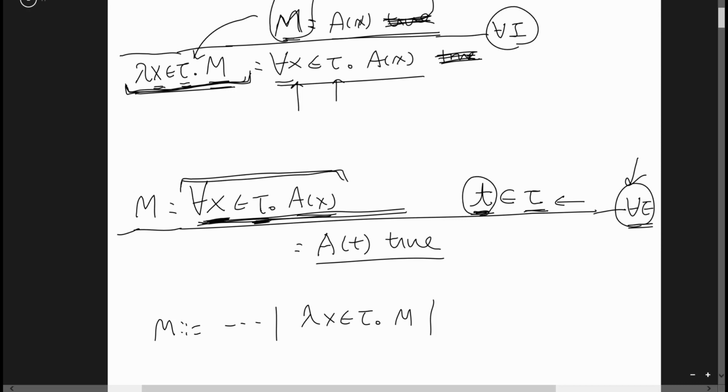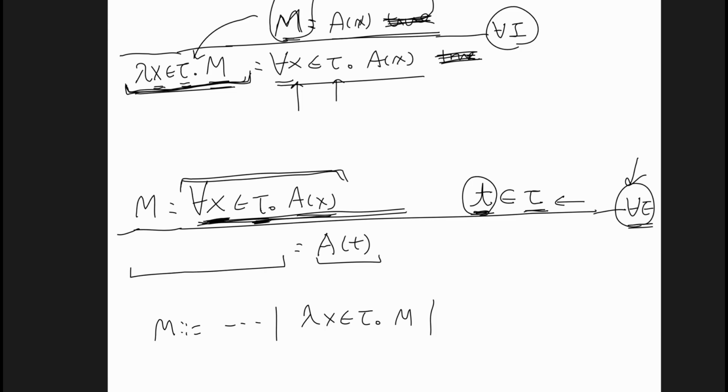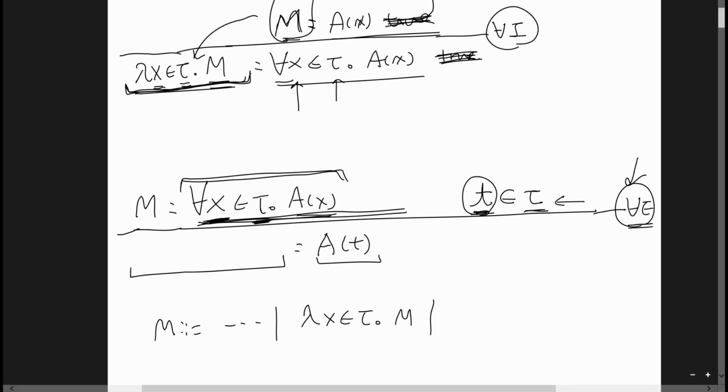And the question is, what kind of proof term can we assign to the conclusion here, of type A of t? And we decided to reuse the usual notation for lambda application. So we can think of it as applying the function m to argument t.